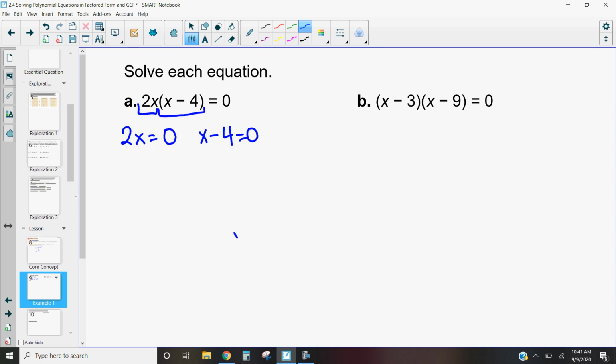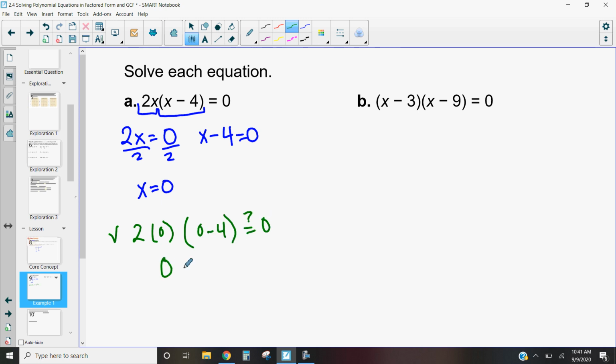Now I can divide by 2 on both sides, and I get x equals 0. So if I put in 0 here, it's going to work. We can check that: 2 times 0 times 0 minus 4, does that equal 0? Well, 2 times 0 is 0, times negative 4. So that one works.